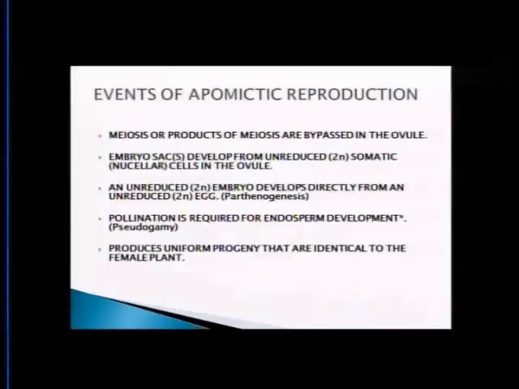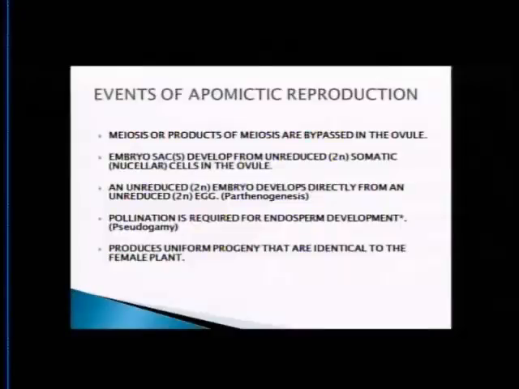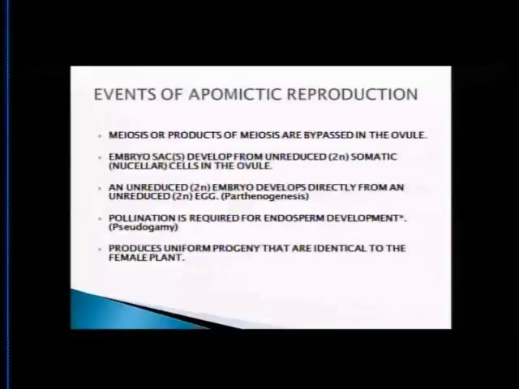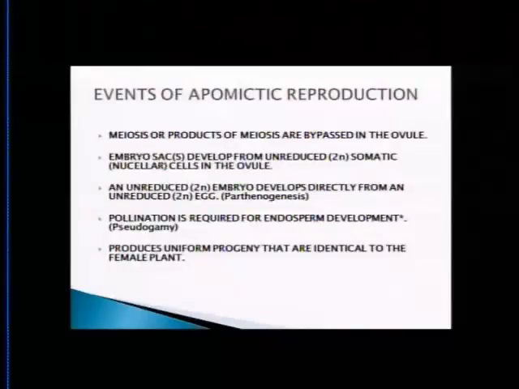And an unreduced embryo develops directly from an unreduced egg in the embryo sac. This is called parthenogenesis. The egg cell just starts developing on its own, and you get an embryo that is genetically similar to the female parent.